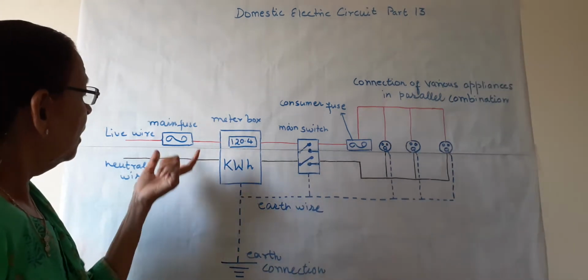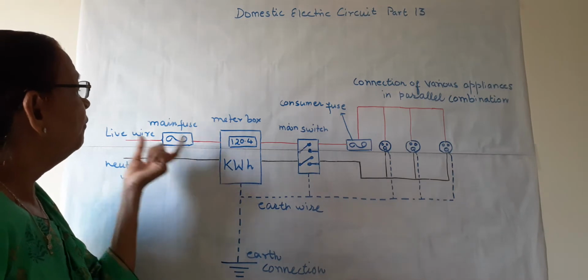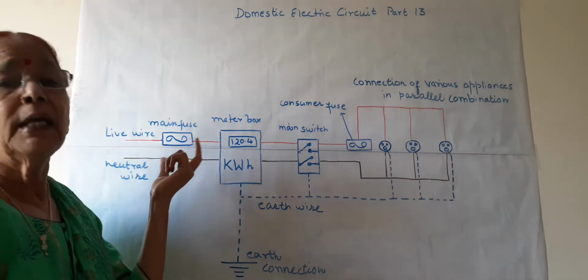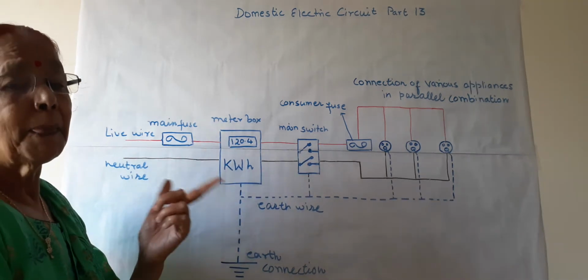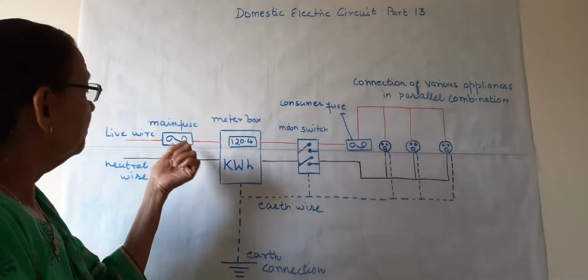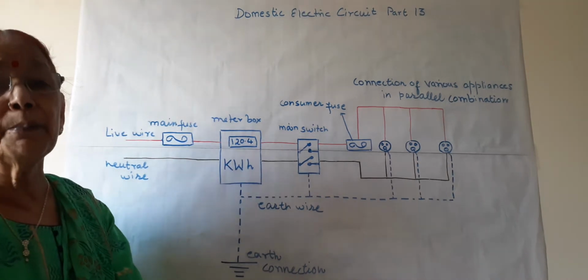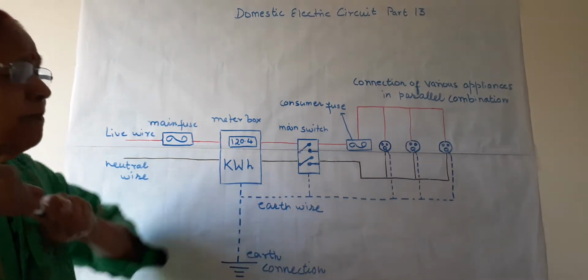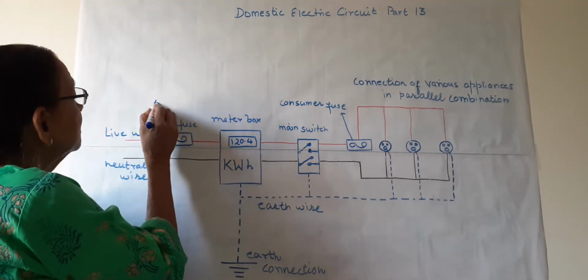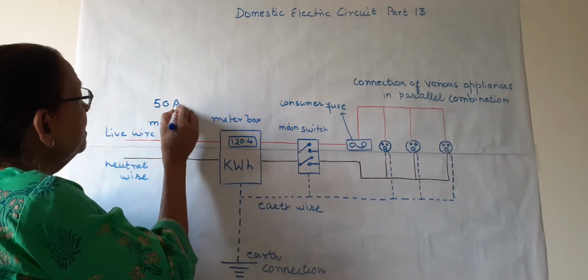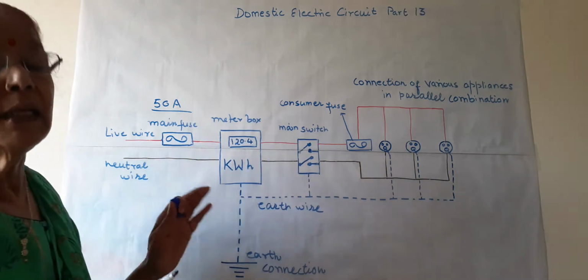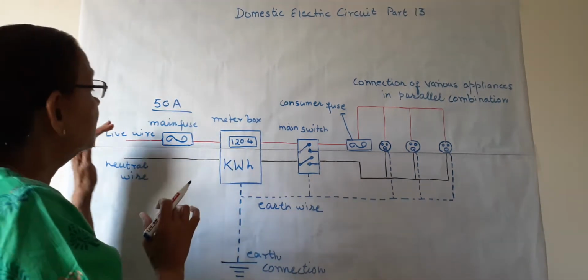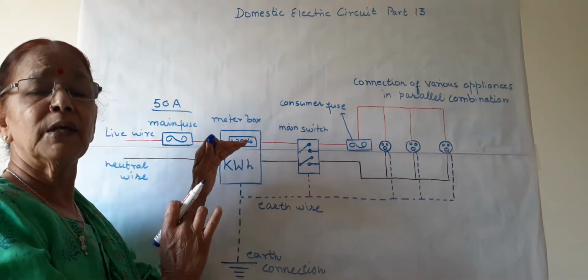Now on this live wire, we have a main fuse. This fuse is put by the electricity board, so sometimes it is also known as the company fuse. The rating of this fuse is 50 amperes. What does it mean? It means that current not more than 50 amperes can pass through this fuse.